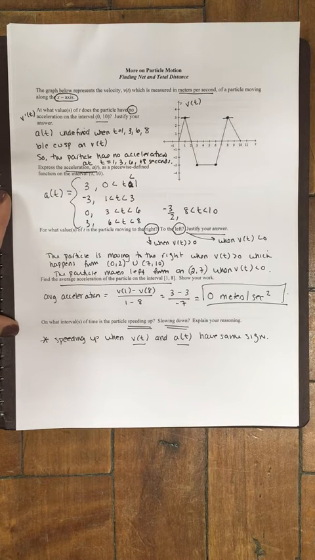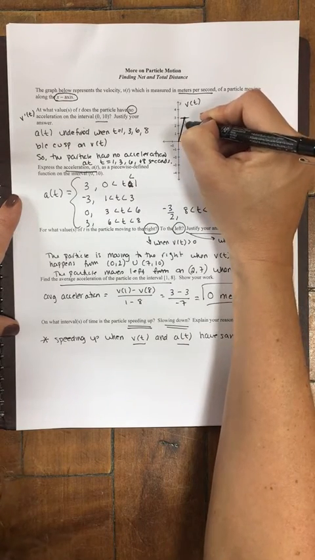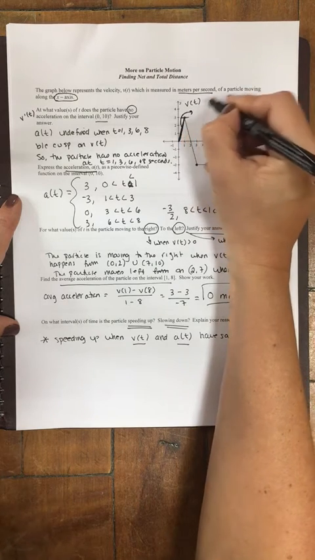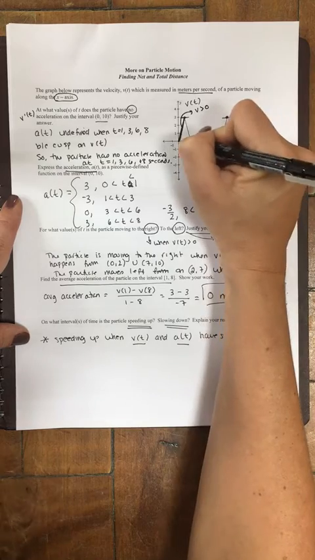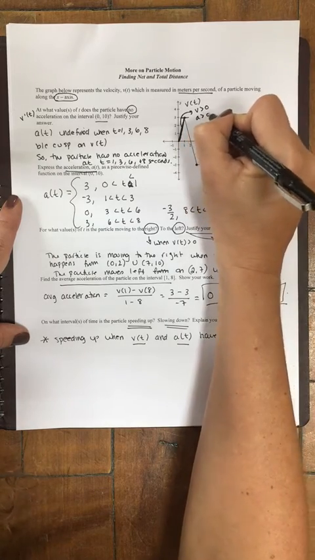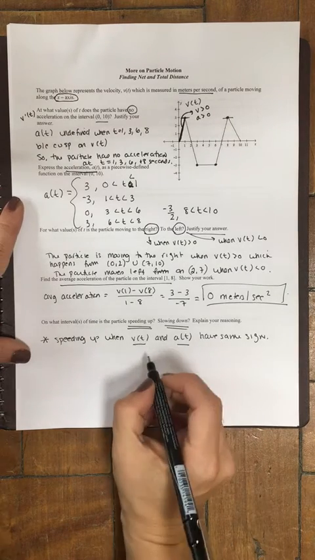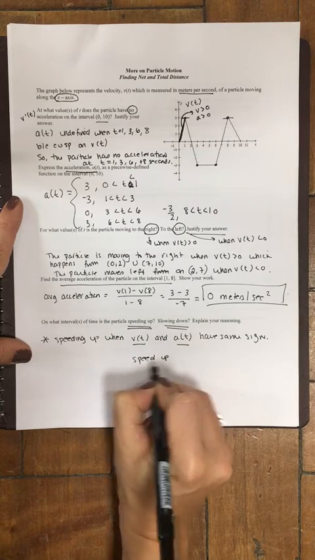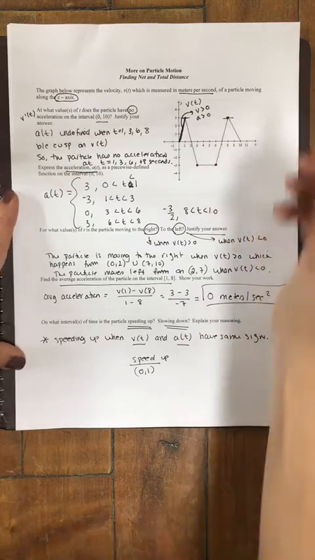So let's look at this first piece. On this piece, the graph is increasing and it's positive. So the velocity is positive, and since it's increasing, the acceleration is positive. So we're definitely speeding up from 0 to 1, 0 seconds to 1 second.